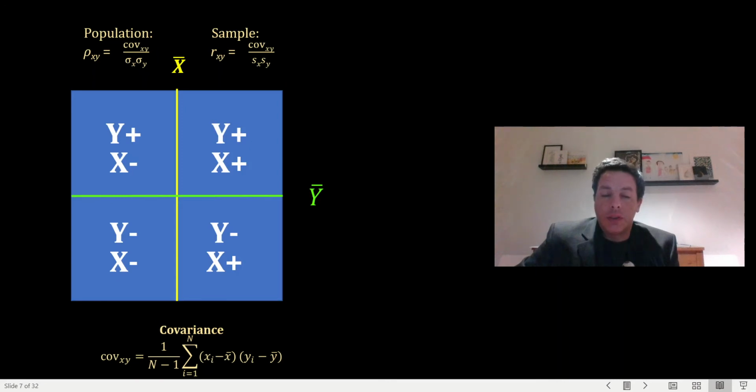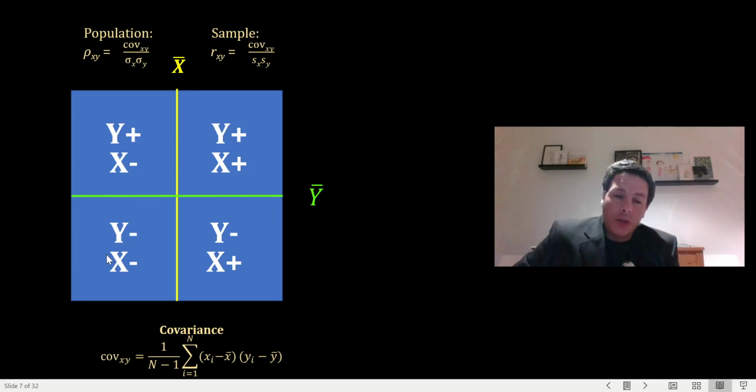So negative 20 times negative 30 is negative 600. Sorry, not negative 600, it's positive 600 because we've got two negative numbers, and when we multiply them, it becomes a positive number. And that's what I wanted to show here. When the values of x are lower than the mean and the values of y are lower than the mean, they will be in this quadrant.